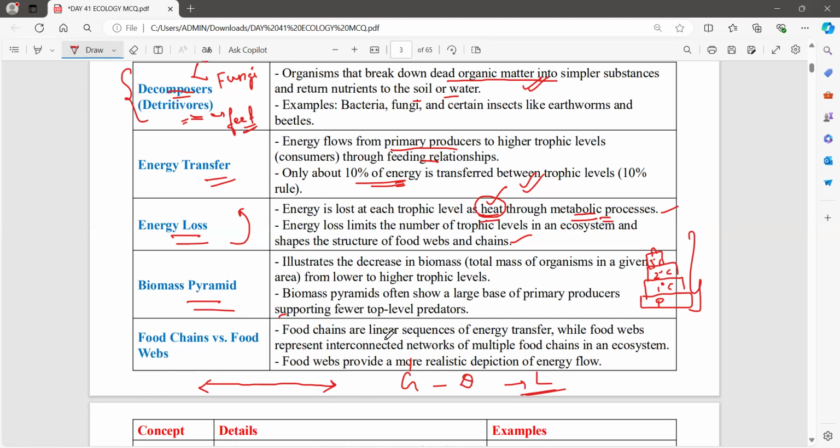But when we add all the organisms which feed on the grass, on the deer, and on the lion, that is called a food web. Food webs are interconnected with each other. So this is an important keyword you have to understand: food chains are linear sequences of energy transfer, but food webs are interconnected networks. This is the difference between food chain and food webs.